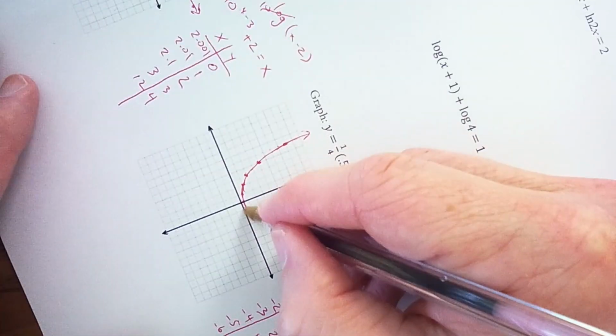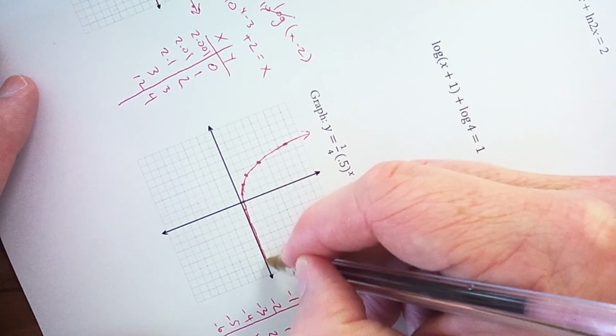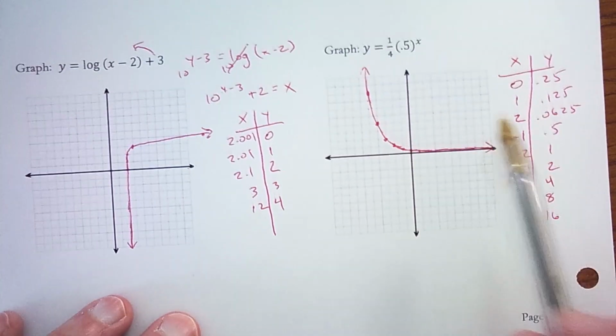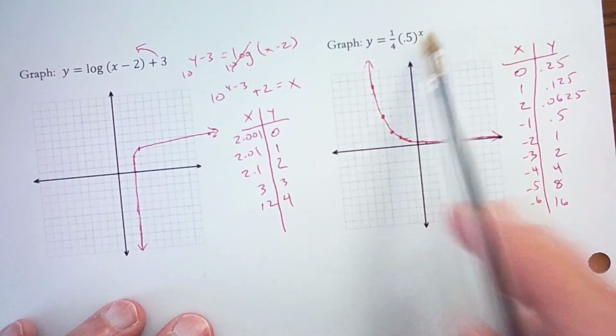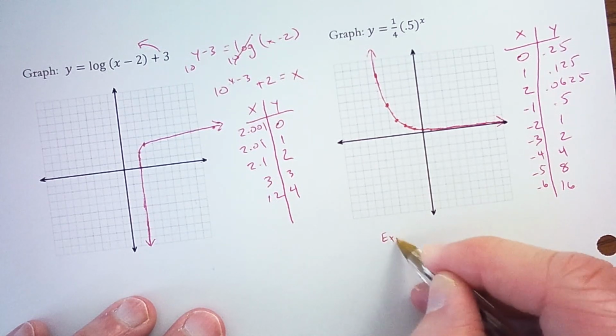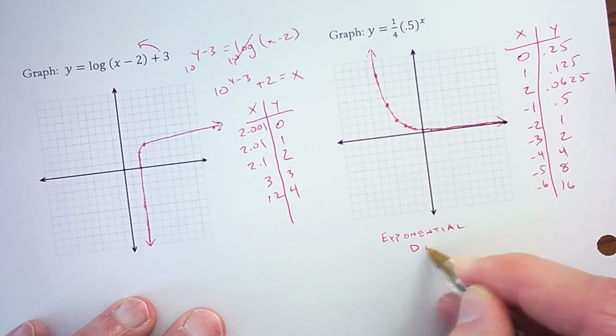And on the right side, it hovers just above the x-axis, never actually touches it, but gets infinitely close. This type of equation right here is an example of exponential decay.